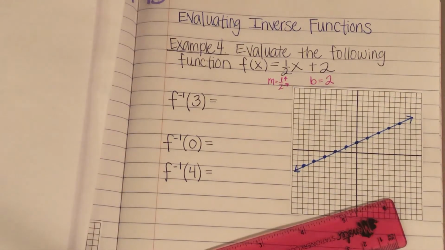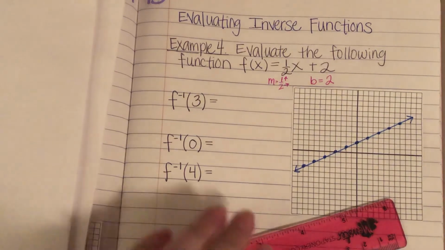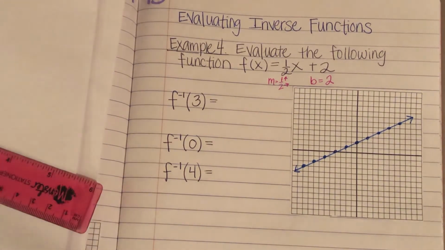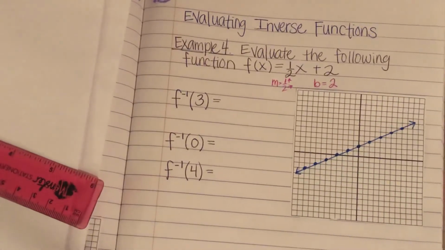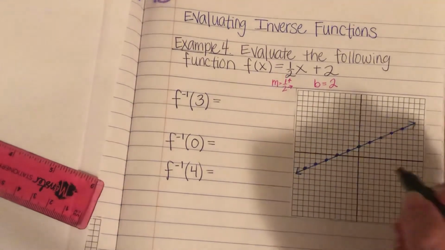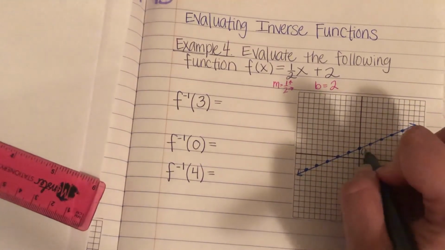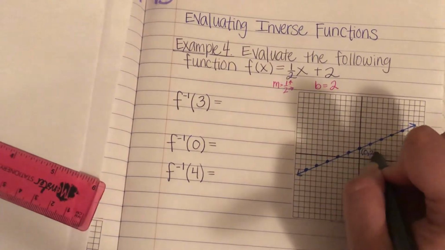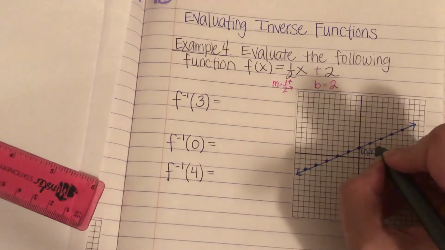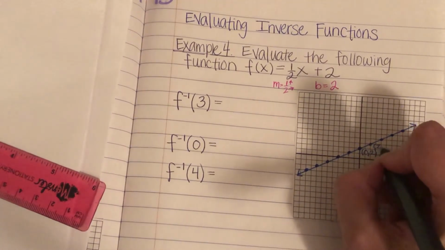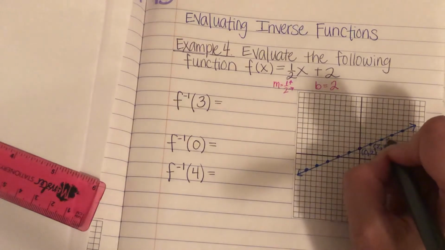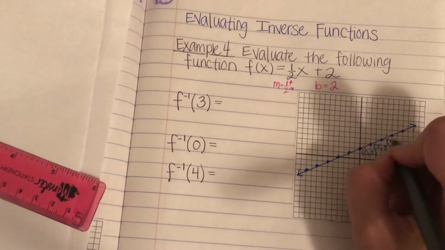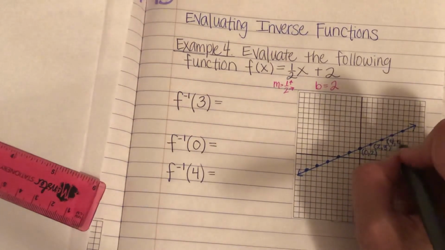Put it in the graphing calculator and go ahead and look at the table. All right, because what I'm going to have to do is figure out what all these ordered pairs are. So I'm going to start here in the middle. This is (0, 2). And this next one is (2, 3), above it. And then this one is (4, 4).